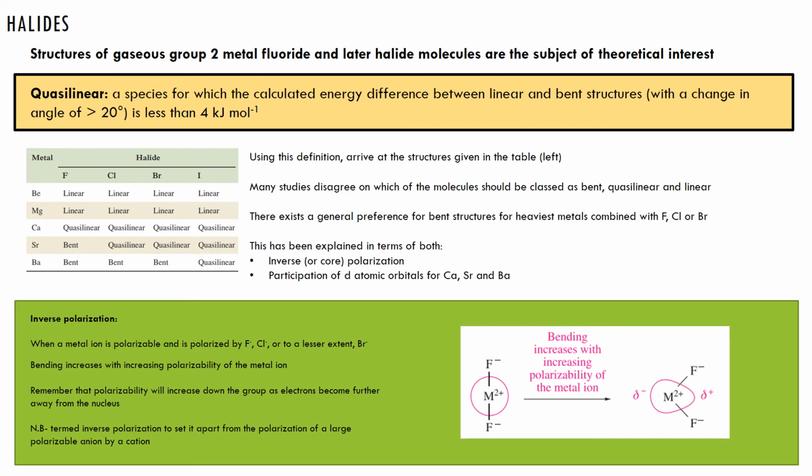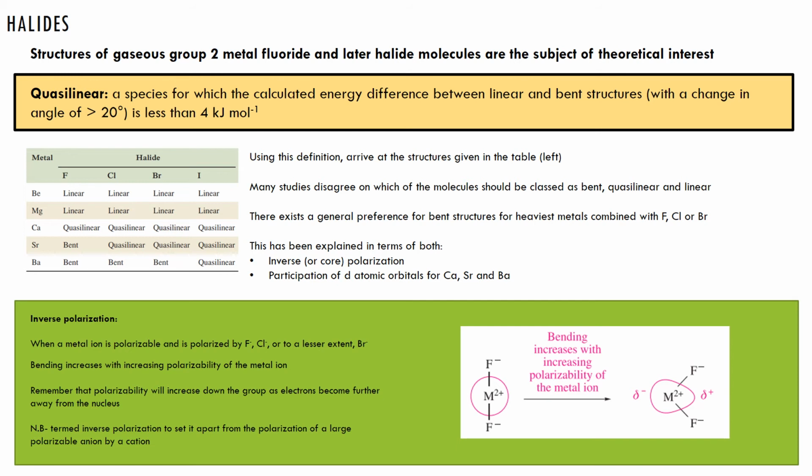And there's a lot of debate in the literature. If you go away and read any of the literature surrounding this, there are lots of theoretical studies into the structures of these compounds in the gas state. Then you see that there's a lot of disagreement and debate as to whether either of those molecules should be classed as bent, quasi-linear, or linear.